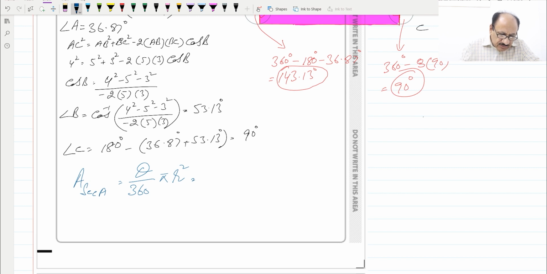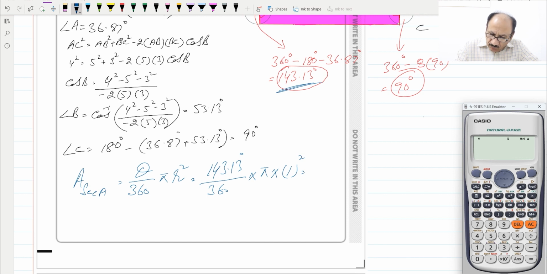So theta for sector A is 143.13 degrees, divided by 360 and multiplied by pi into r square, meaning 1 square. This is 143.13 over 360 multiplied by pi, no need to write 1, and this gives us 1.249.